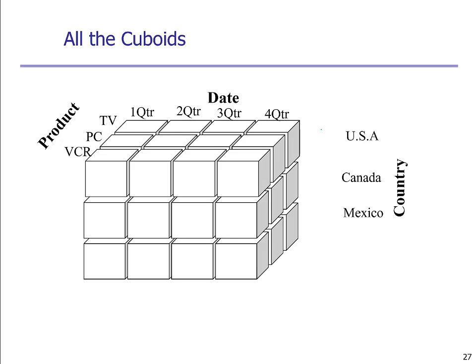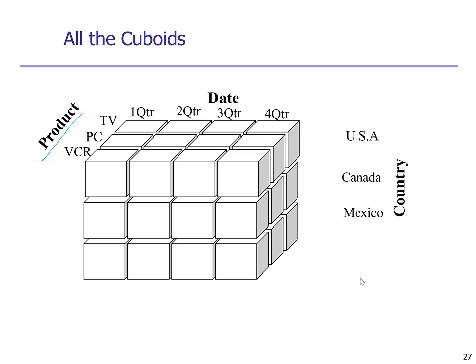So assume that for product, we have 3 different categories. And for date, we have different quarters. For country, we have different countries. So let's make this assumption to make things easier for you to understand.